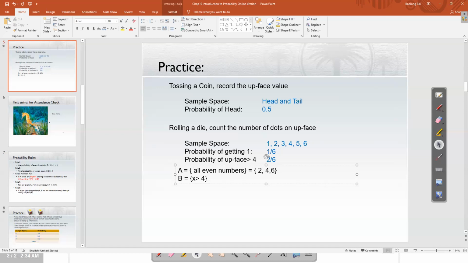So we know the sample space is 1, 2, 3, 4, 5, and 6. Event B translates into either 5 or 6. And if we define event C as all odd numbers, event C will be either 1 or 3 or 5.